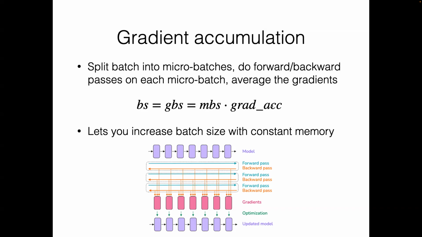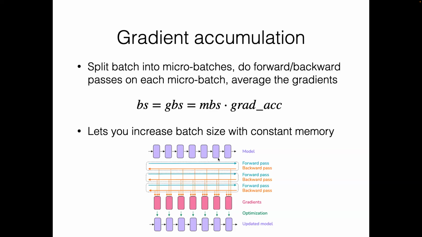So you wait to do the optimization step until you've gone through each micro batch. But in doing so, your update essentially comes from a batch size based on a larger number of tokens. It's usually called the global batch size, and it'll be the size of your micro batch times the amount of gradient accumulation you want to use.